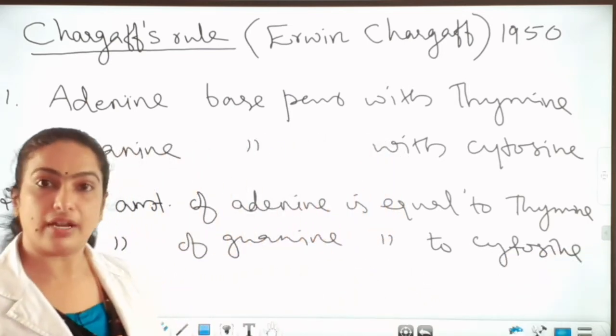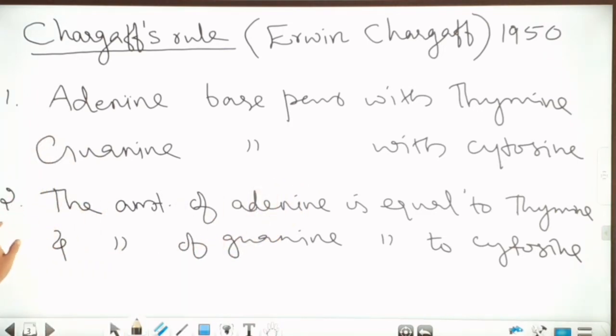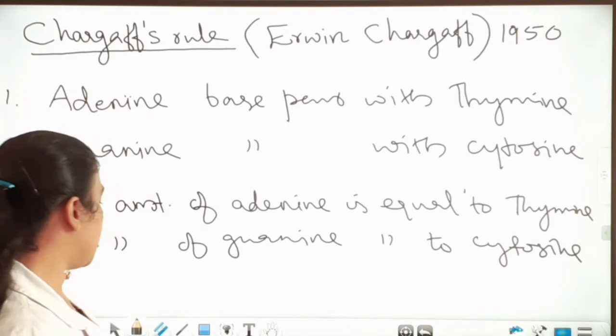Okay, the amount of adenine is equal to thymine and the amount of guanine is equal to cytosine.